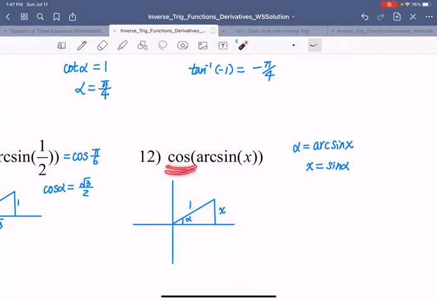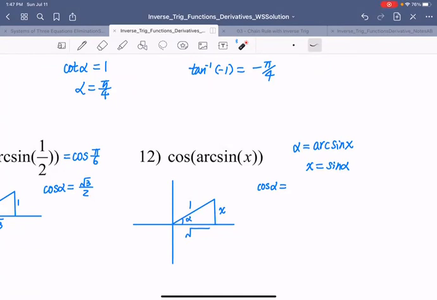Now you want to get cosine alpha. So cosine alpha equals adjacent. How much is this piece? If this is 90 degrees, this is 1, this is x, how much is here? Joy, how much is here?